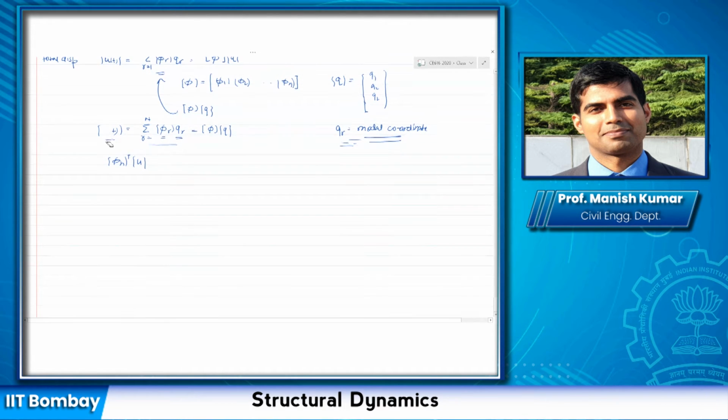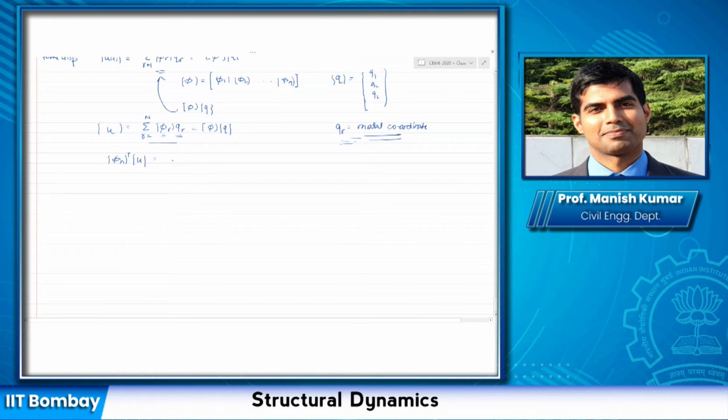Just u here. So phi_n times u is equal to the summation r equal to 1 to n, sorry, I pre-multiply with phi_n transpose times the mass matrix.